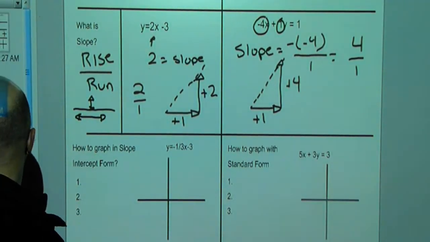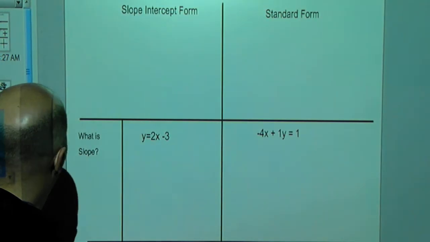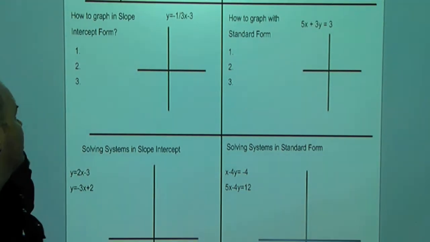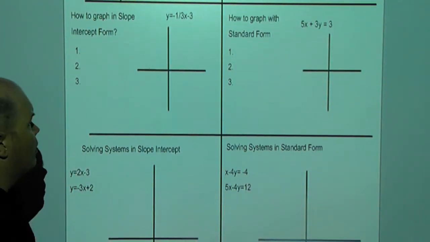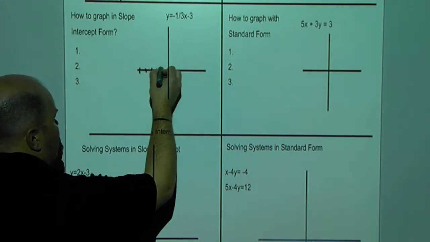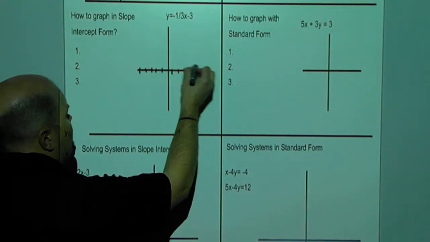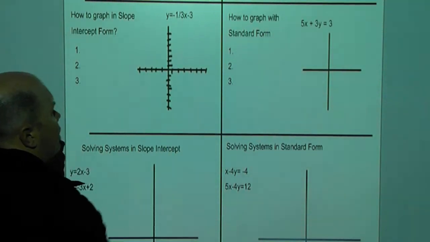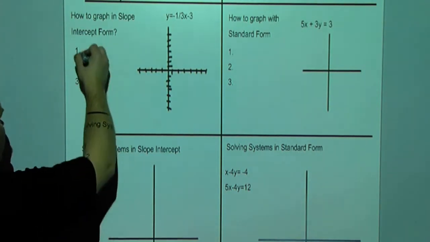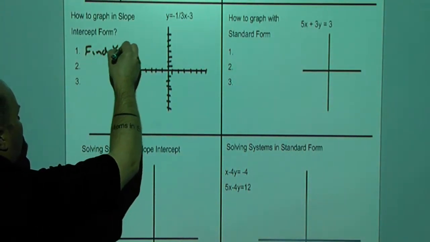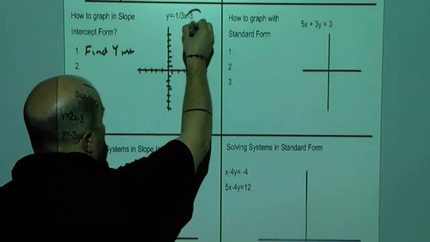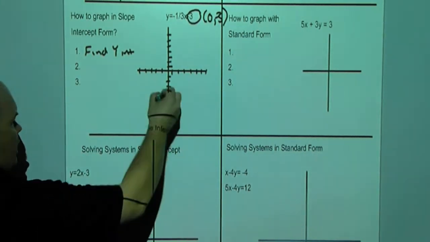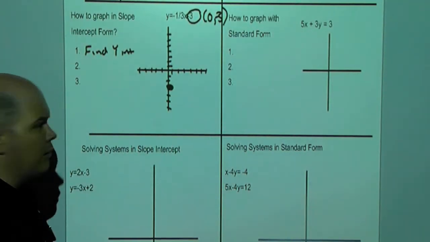Okay. Now, when we go into it a little more in depth, and we scroll all the way down to these new guys here, what we're dealing with is how do we graph in slope-intercept form. First thing we need to do is bring some units in here. Now, the first thing we need to do is find the y-intercept, which in this case is my -3, which would be represented at (0, -3), so I'm going to make my point at (0, -3).